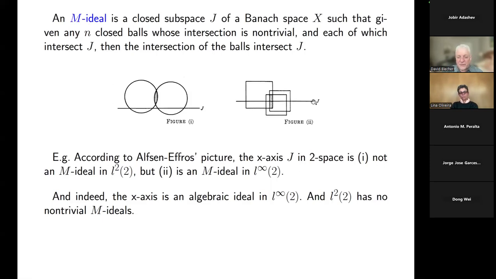So that is an M-ideal in L infinity. And indeed, the x-axis is an algebraic ideal in L infinity too, in the two-dimensional L infinity, whereas the two-dimensional Euclidean space with the Hilbertian norm has no non-trivial M-ideals.